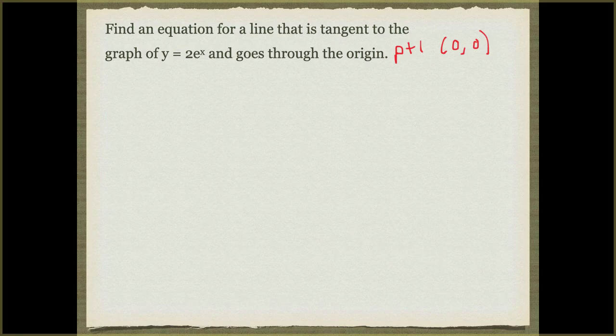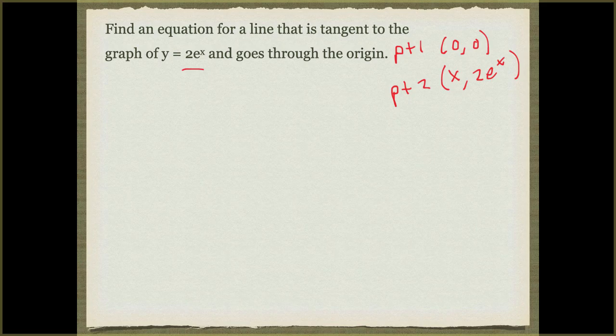Well, if it goes through 0, 0, and this is my function, the place where it's on our graph of y equals 2e to the x, the point we're looking for is when we plug in some x value. When we plug in some x value, we get 2e to the x back. This is my point 2.